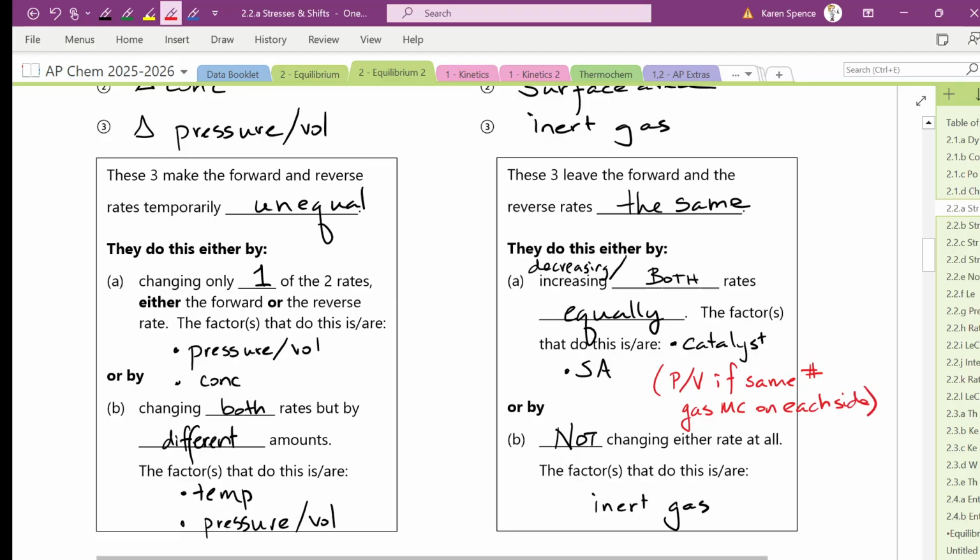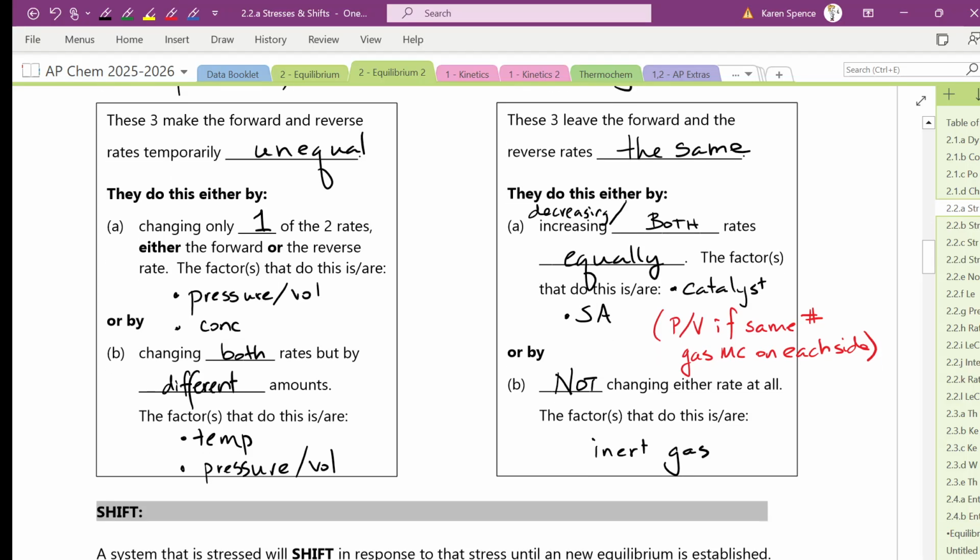So pressure volume doesn't fit entirely into any one of these categories. It's totally dependent on whether you have gases at all, or whether you have the same number of gases on both sides, or whether you have different numbers of gases on both sides. So you've got to think about gases a little bit more.